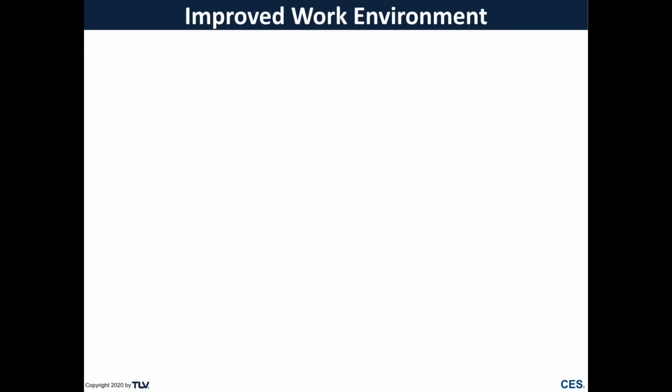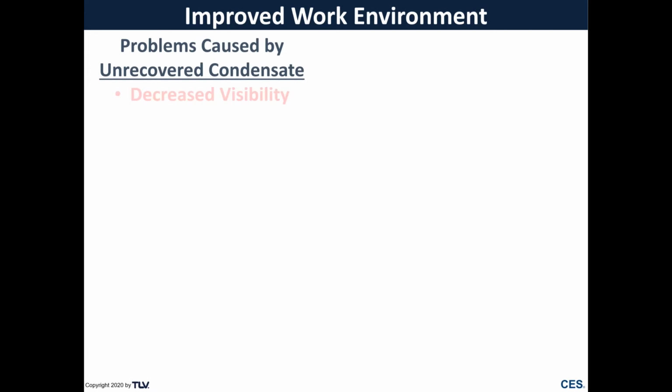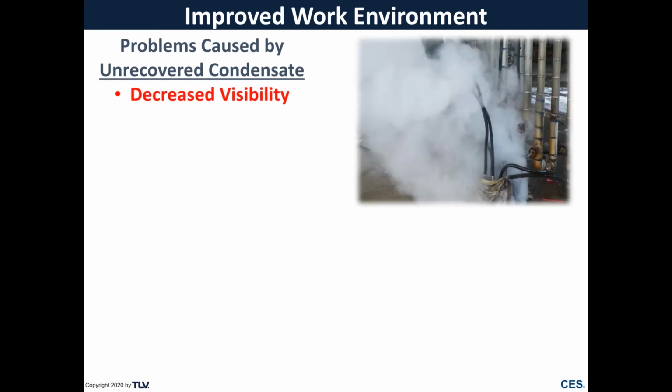If we look at that improved work environment, what are the problems caused by unrecovered condensate? Well, first you have decreased visibility. This may be a very common sight throughout your plant, where you have large steam plumes down at grade level from condensate being discharged to atmosphere. This is also increasing noise in that area, which can be uncomfortable to the workers.